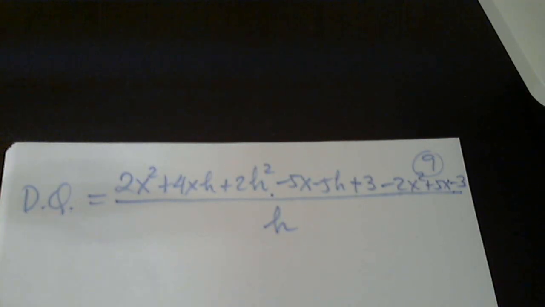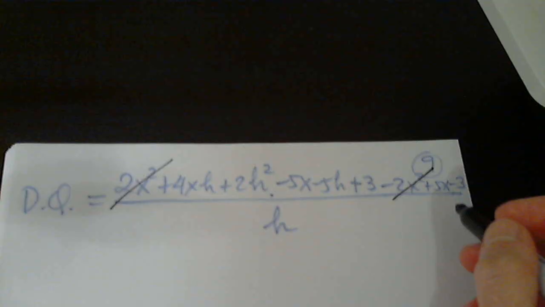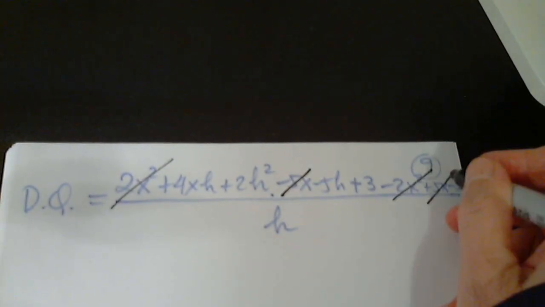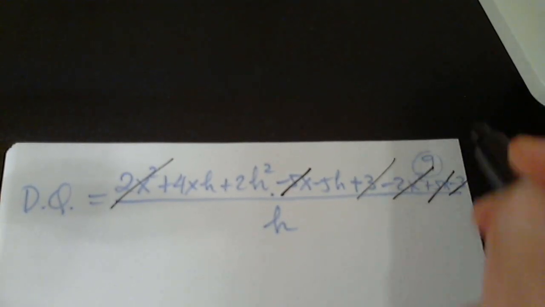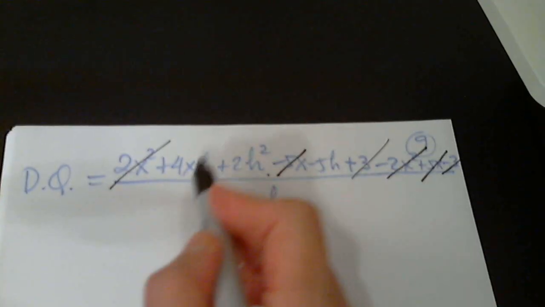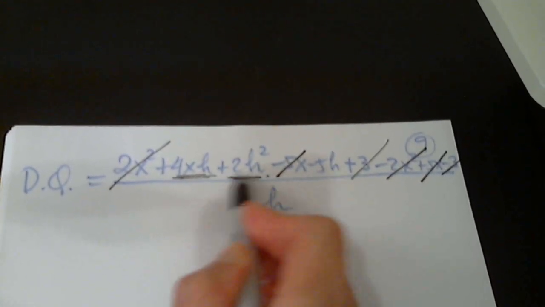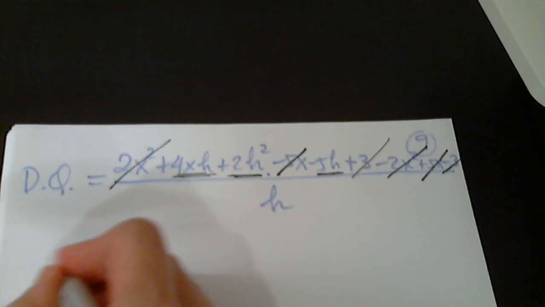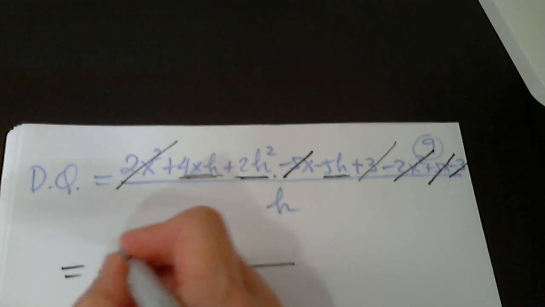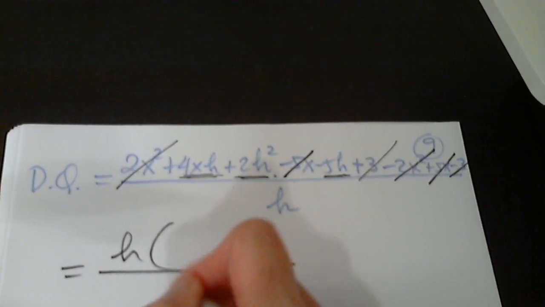If they don't, I'm in trouble. 2x squared, yes. 5x, yes. 3, yes. These are the remaining terms. They have h in common. What is left in parentheses? Because I have to eliminate this.